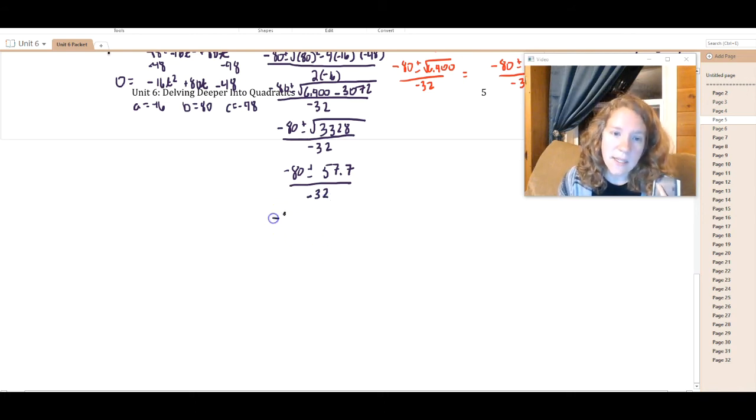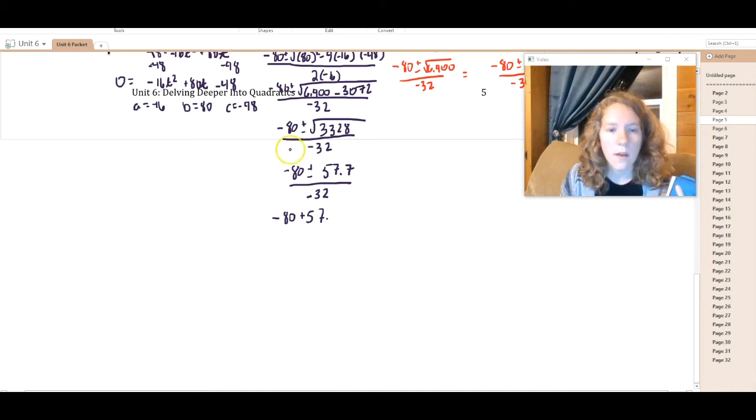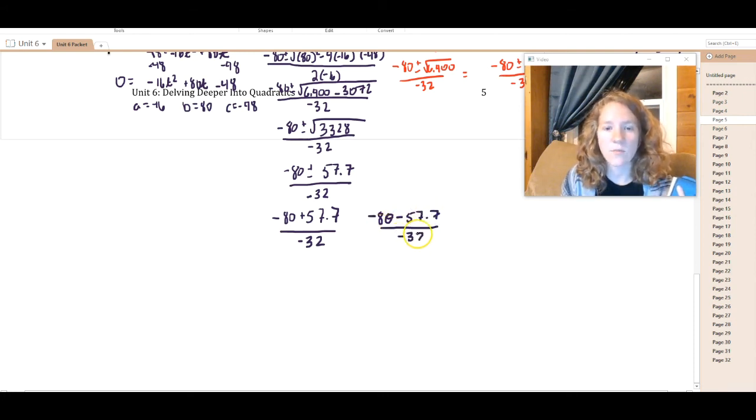Now I'm going to split it into two solutions: one that's plus 57.7 over negative 32, and one that's negative 80 minus 57.7 over negative 32.